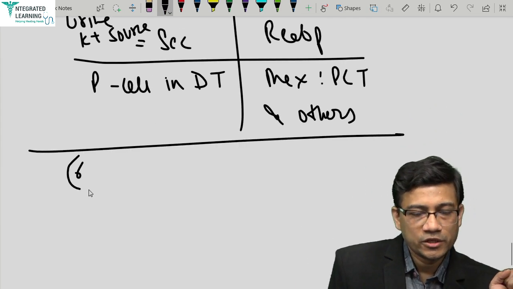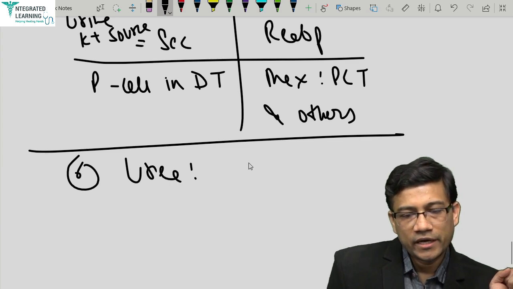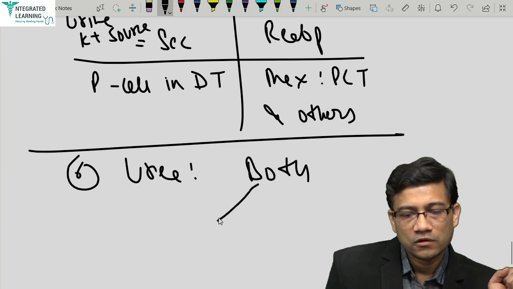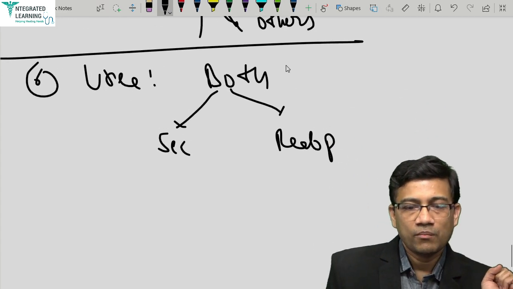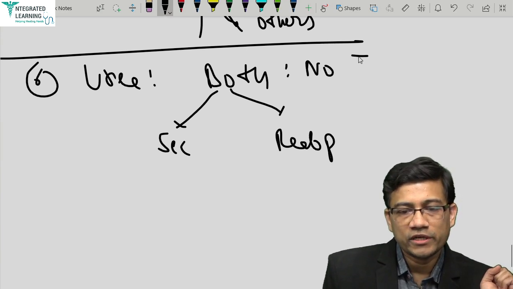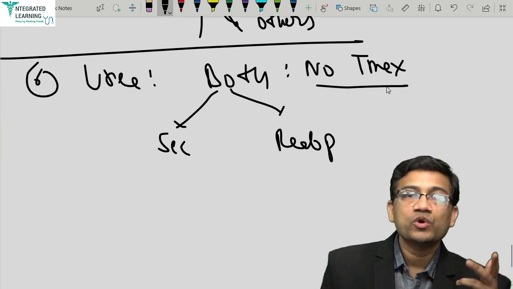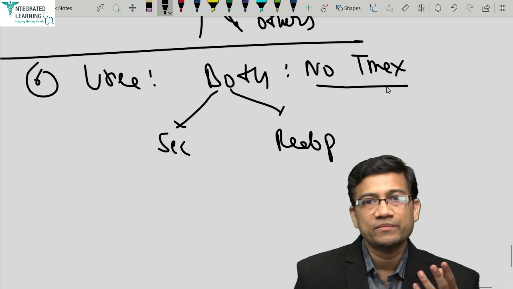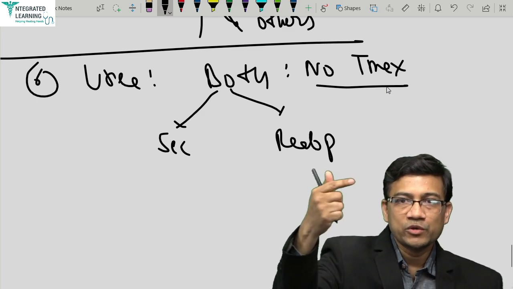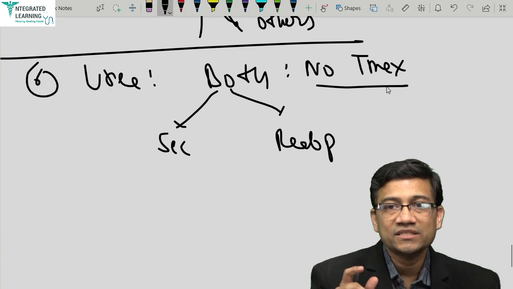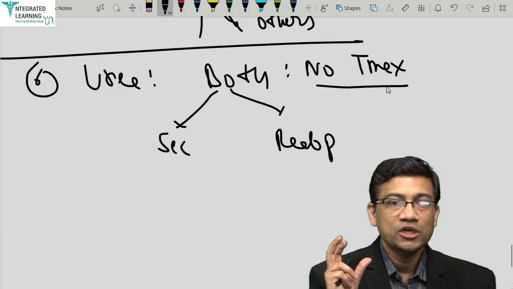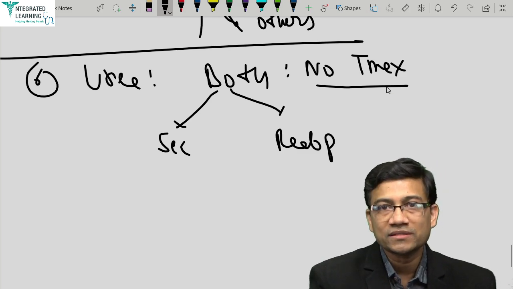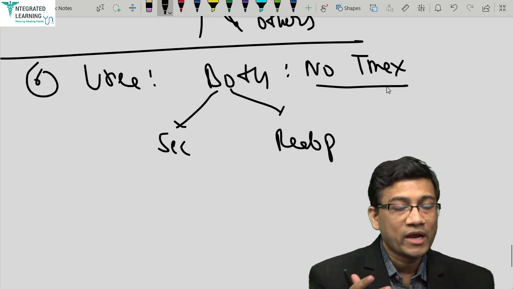Number 6, urea. Again it is both secreted and reabsorbed, because of the counter current system. That is why no Tmax is calculable. Why? We don't know how much is secreted and how much is reabsorbed. We get a single value from the urine and plasma values, and that is not telling you the actual secretion and reabsorption. So if they ask which substance has no Tmax, the answer is urea. It is difficult to calculate.